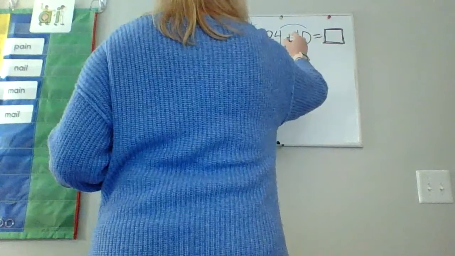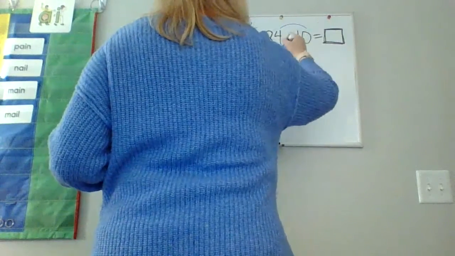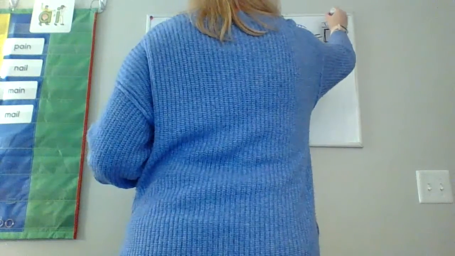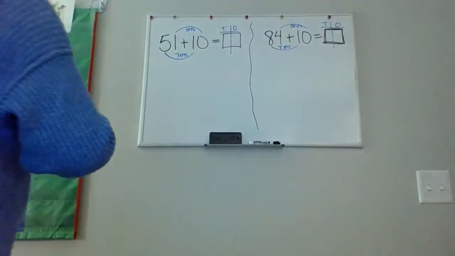The first two numbers are the tens. The second two numbers are your ones. Add those together to figure out your number.